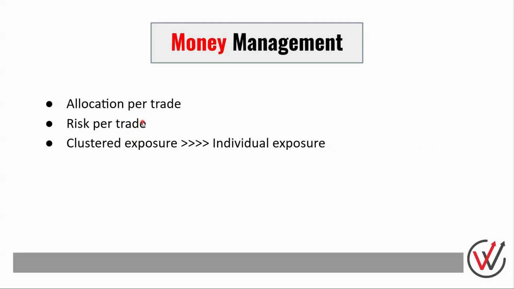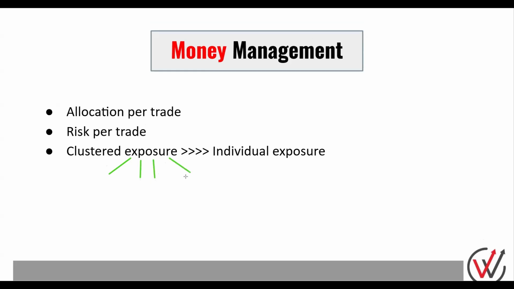Now that you know how much you allocate and how much you risk, you need to have clustered exposure. If you remember, exposure is the total capital invested. Let's say you bought four stocks, and in every stock you bought 10%: 10% in stock A, 10% B, 10% C, 10% D. That is clustered exposure. And what is individual exposure?